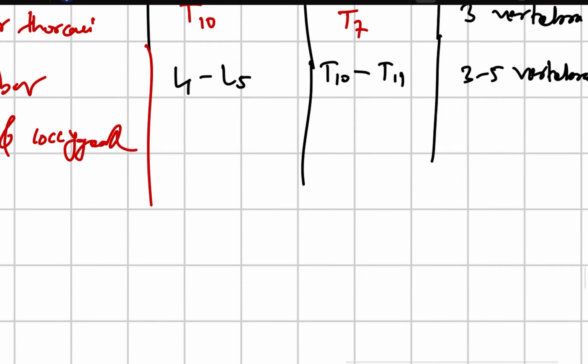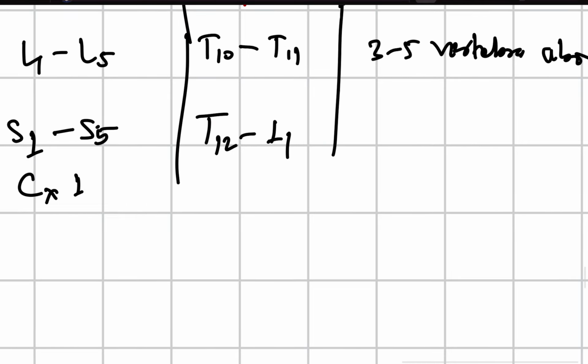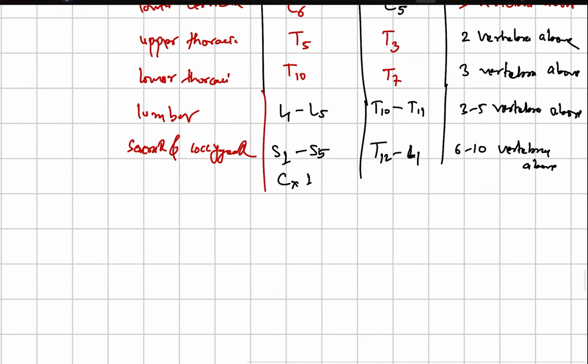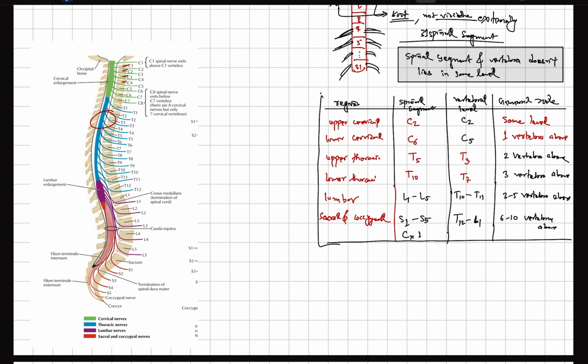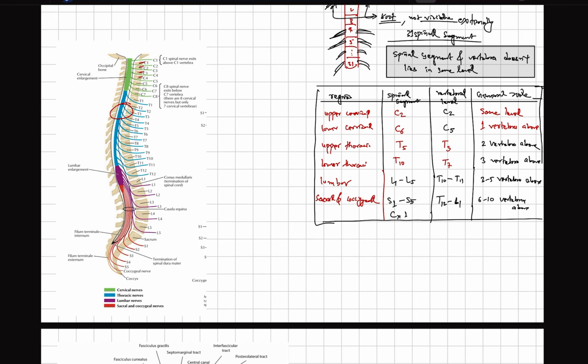And for the sacral and coccygeal segments, S1 to S5 are sacral, and there is 1 coccygeal. They lie at T12 to L1, which is 6 to 10 vertebrae above L1. We can identify it in this way. It is a short chart from Neuroanatomy by Inderbir Singh.